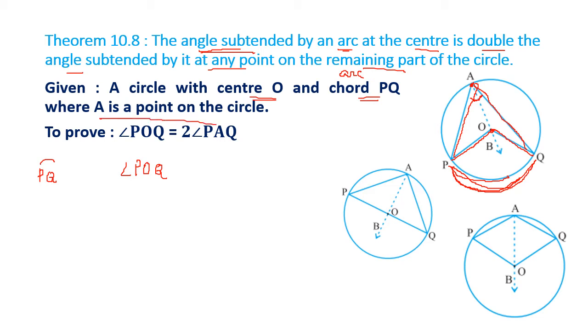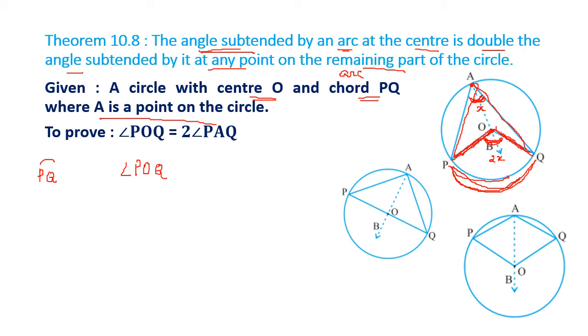The theorem states that the angle made at the center is double of what is made on the circle. So if angle PAQ is x, then POQ should be 2x. The angle at the center should be double of what is at the top here.